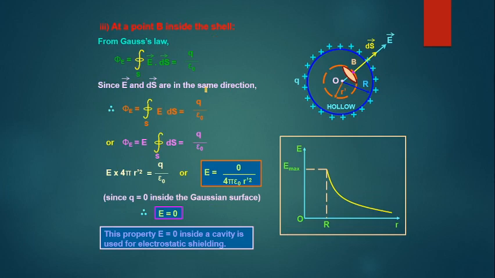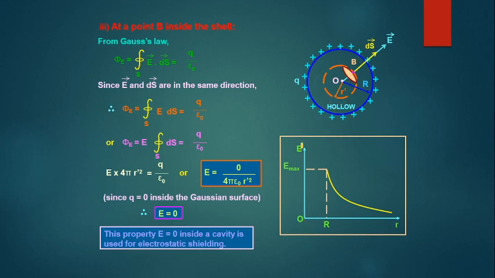Inside the shell, E is equal to 0. This property, E equal to 0 inside the cavity, is used for electrostatic shielding. Means there is no charge inside it, so the field is 0. Sensitive devices can be placed inside the cavity, and this is known as electrostatic shielding.